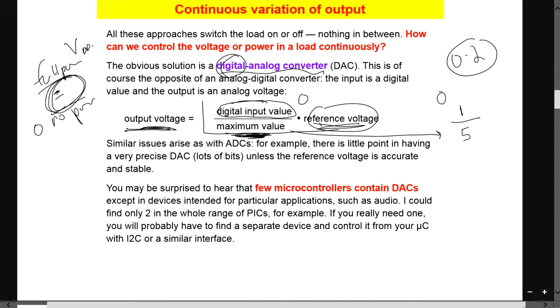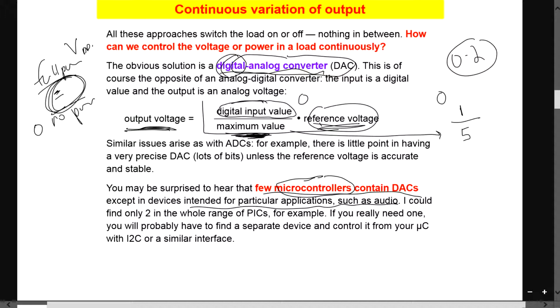But few microcontrollers actually contain a DAC, except in some devices intended for particular applications, such as audio. So in many microcontrollers, there is no DAC port, so be careful of that. Although you know how to do DAC, some microcontrollers do not have DACs.